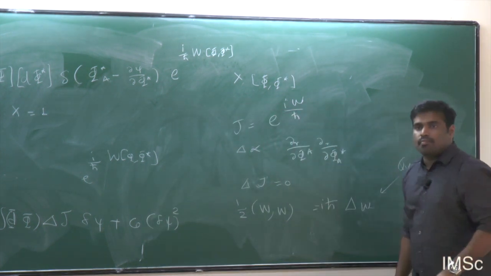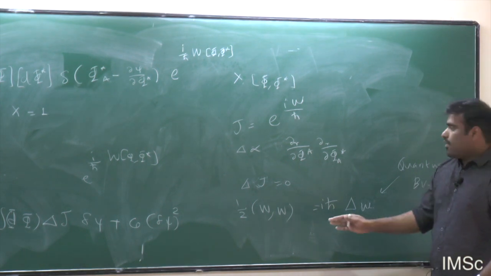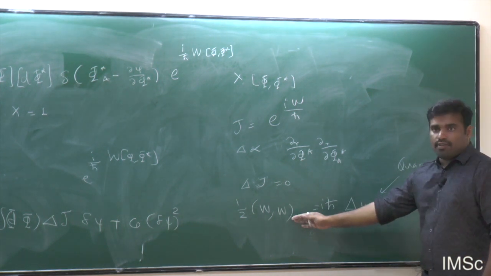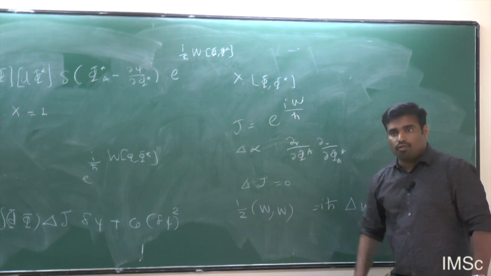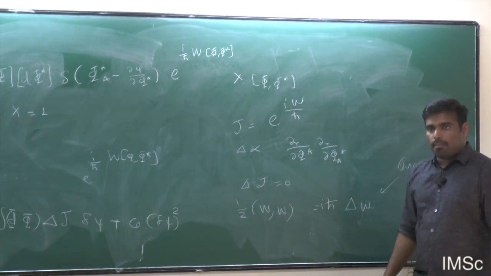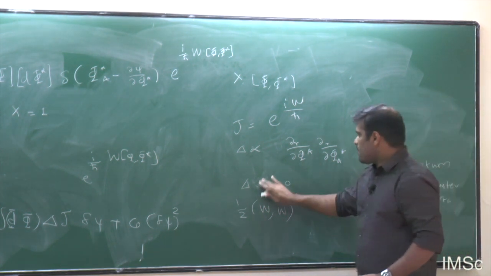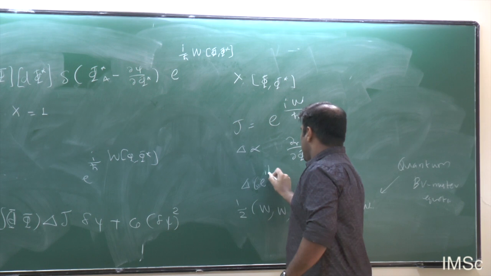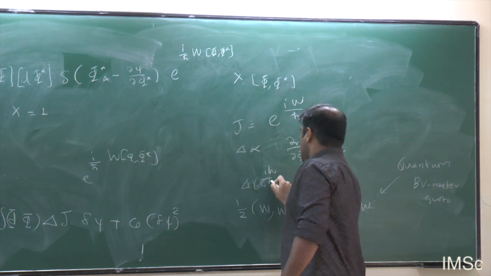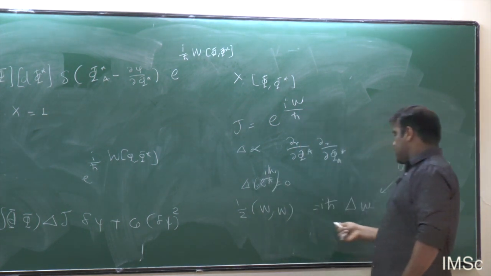But in principle one can show that if this equation is satisfied, all the remaining things will follow. So you see, delta j equals 0 is this equation.